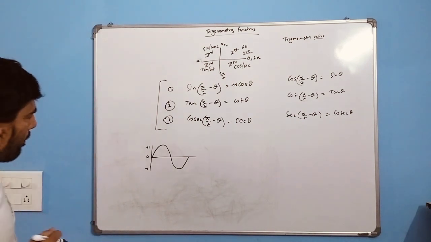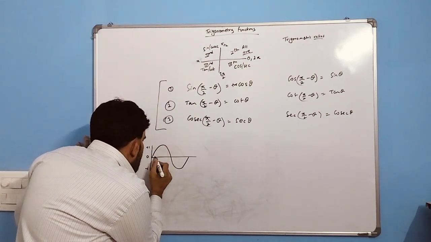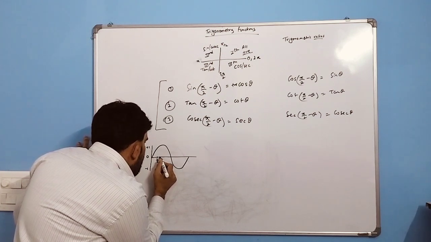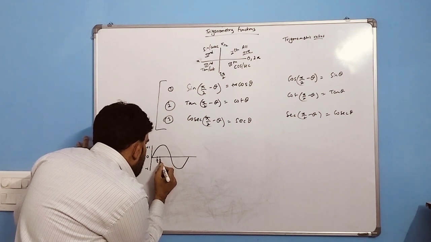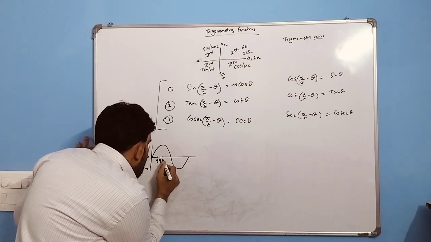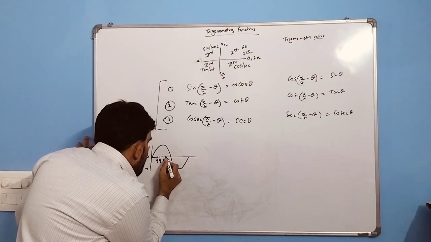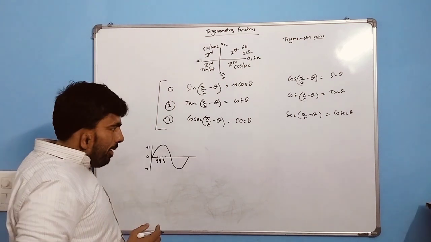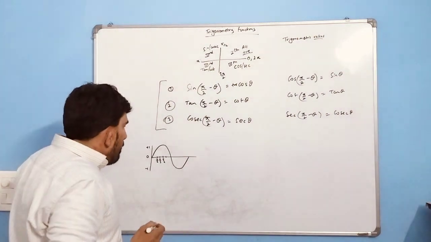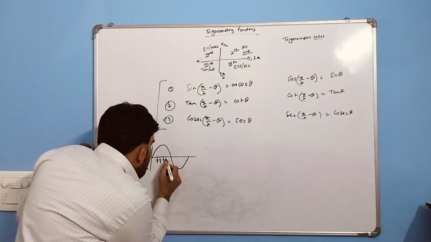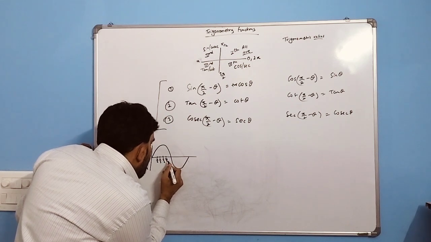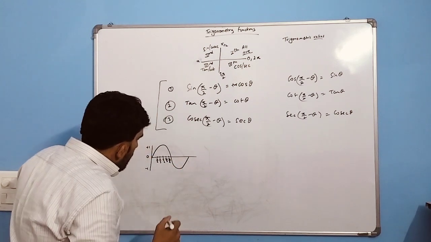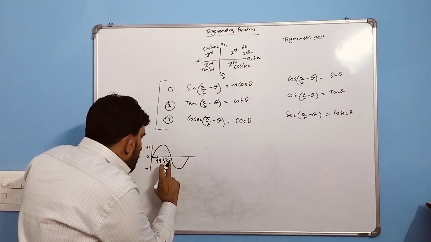See, now the maximum value is 1 at 90, which is pi by 2. Here we have pi by 6, then pi by 3, then pi by 2. After pi by 2, that is 90, we take 120 and 150. So we can take it like this, that is 2 pi by 3, and here it is 3 pi by 2.